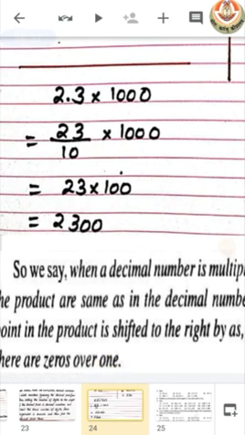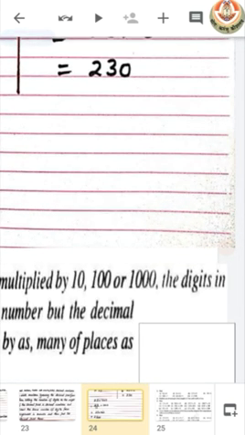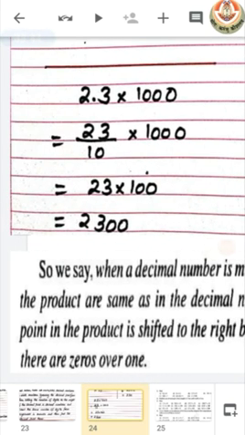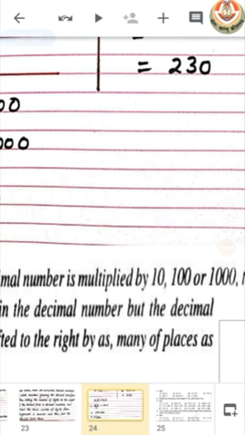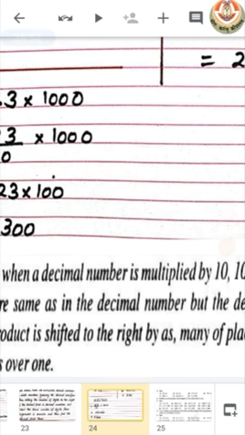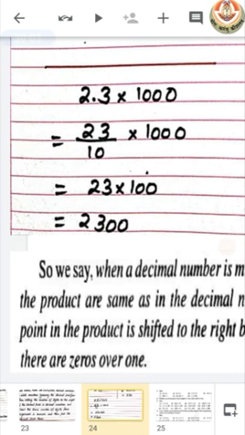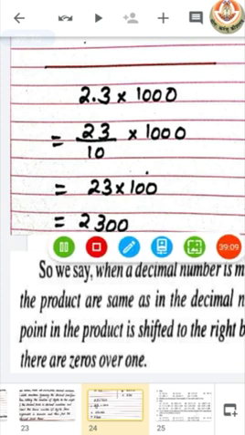When a decimal number is multiplied by 10, 100 or 1000, the digits in the product are the same as in the decimal number, but the decimal point in the product is shifted to the right by as many places as there are 0s over 1. 0s over 1 means 0s with 1.